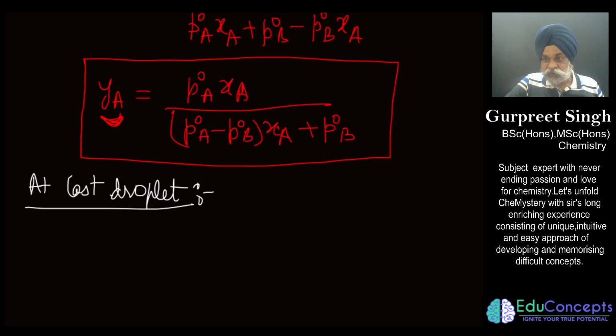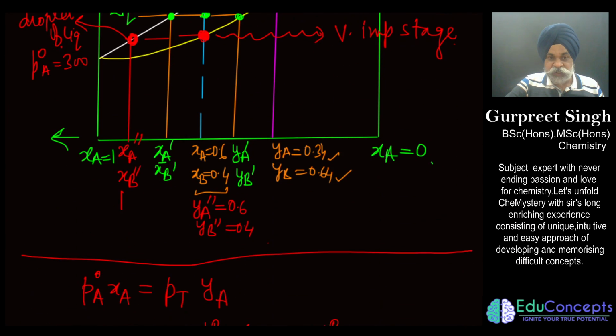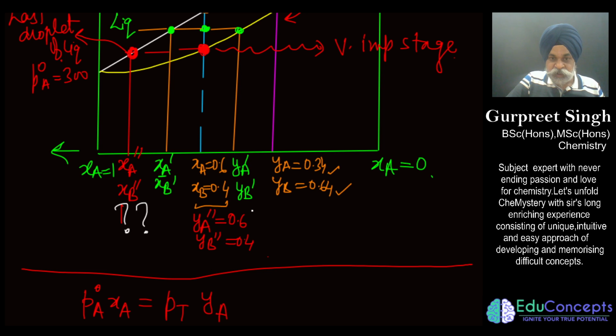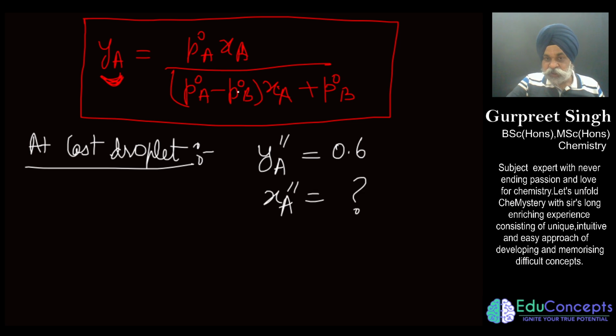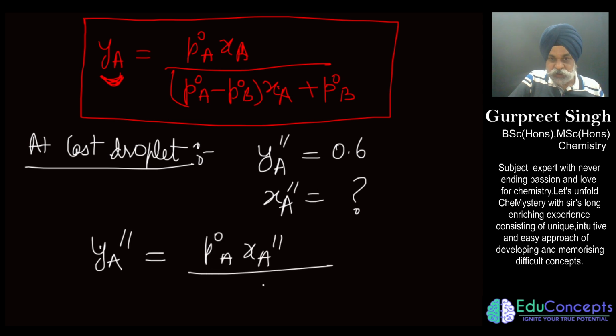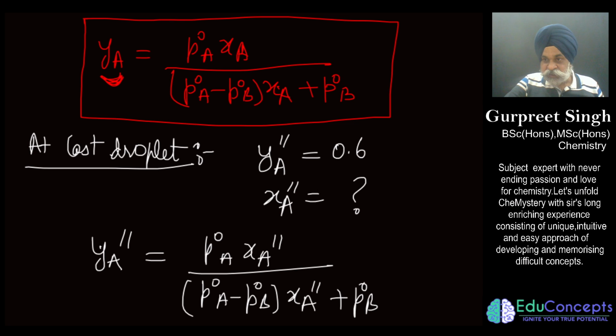What we are interested in knowing is what we got at the last droplet. This is what is being asked, and what we know is this. Corresponding to the last droplet, my YA double dash is 0.6, XA double dash I am not aware of, and P naught A and P naught B I know. So YA double dash is written as P naught A XA double dash upon P naught A minus P naught B XA double dash plus P naught B. This is a very useful expression.